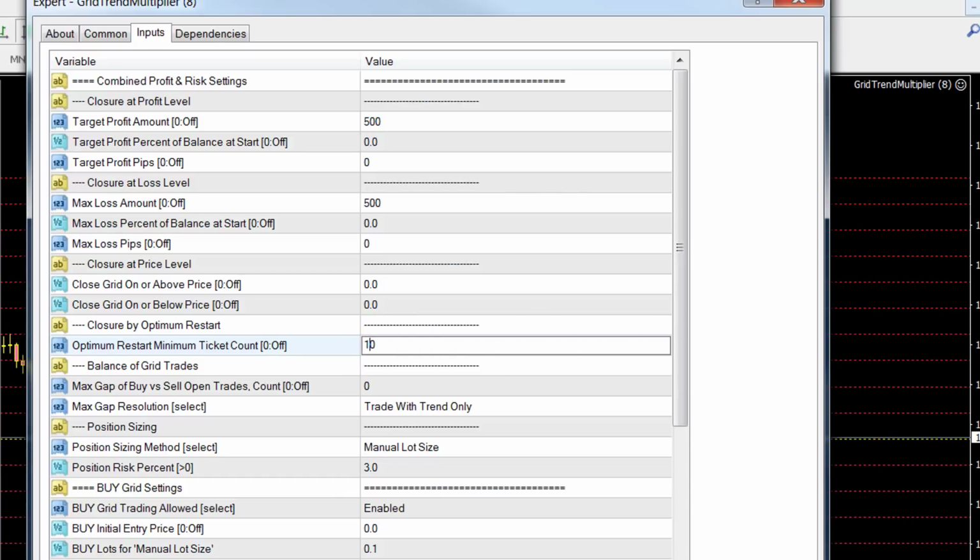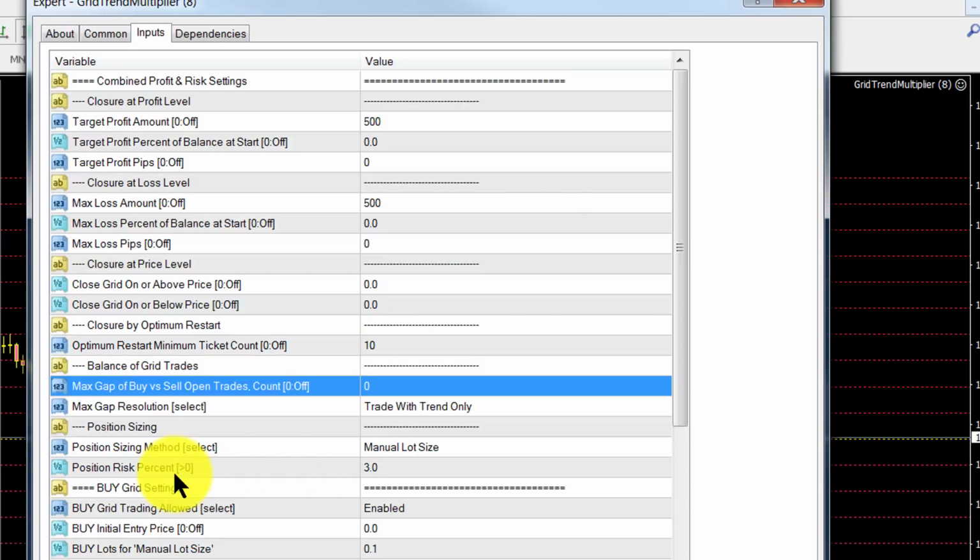Then the next one is the maximum gap between buy and sell transactions. Now I've mentioned this one in a previous video, but what that basically does is that if you don't want the gap between buys and sells to become very big, like having 5 buys and 1 sell when there is a sell trend, then that's the setting that you use.